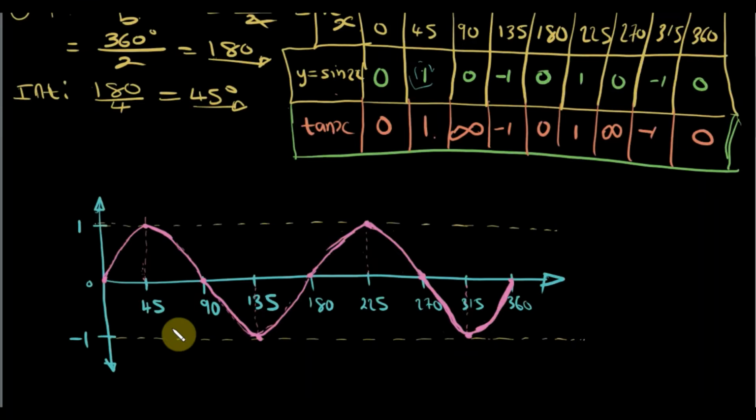Okay, so the graph will look like that. This is the graph of f of x, or let's say y equals sine 2x. Now let's plot tan.